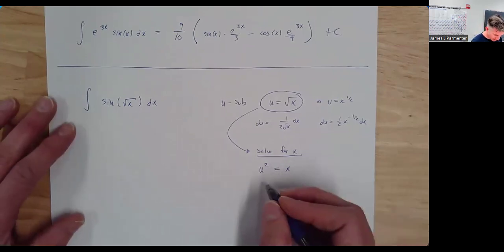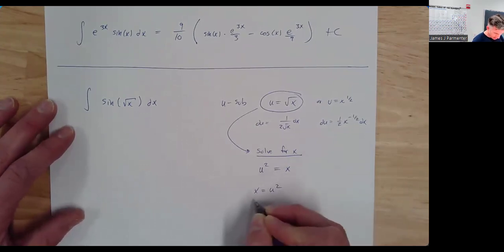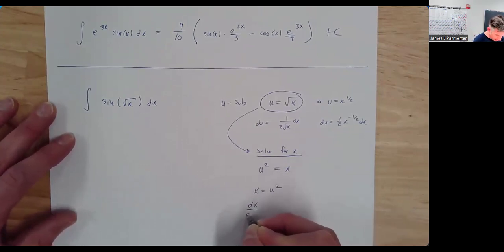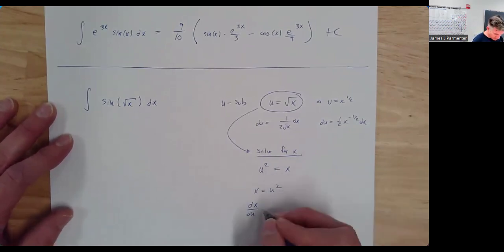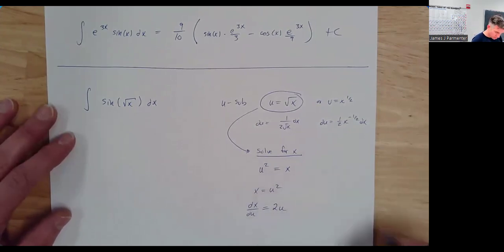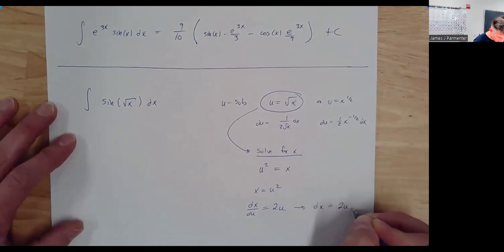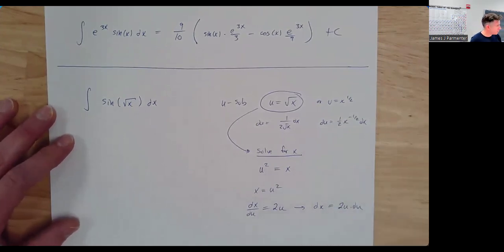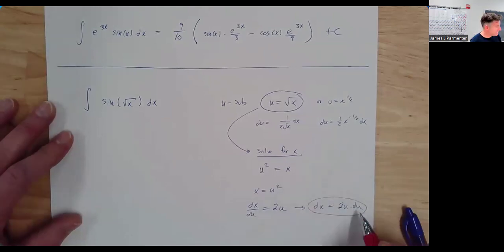I'm going to write it as x equal to u squared, and then dx du, the derivative of x with respect to u. Well, what's the derivative of u squared? Or if you prefer, and I do prefer, dx equals 2u times du.